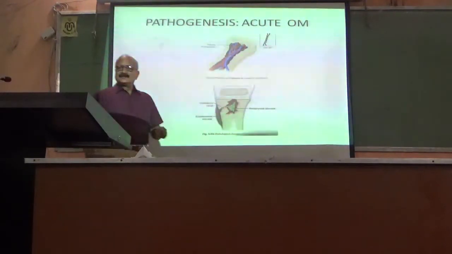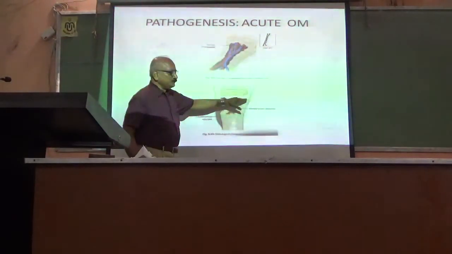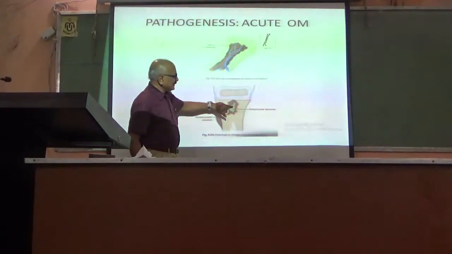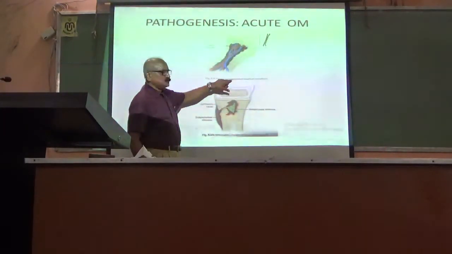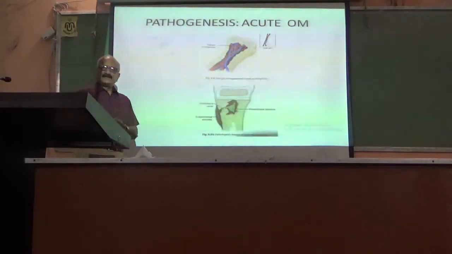This is the route. But in adults, where there is no growth plate, there is no barrier, so this pus can directly transgress to the joint space.